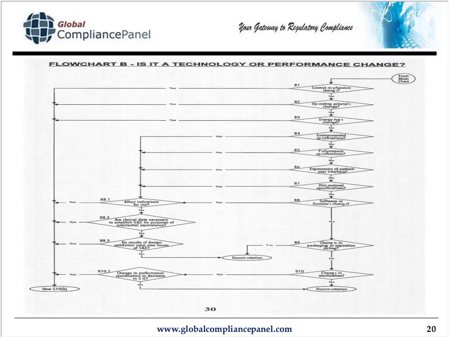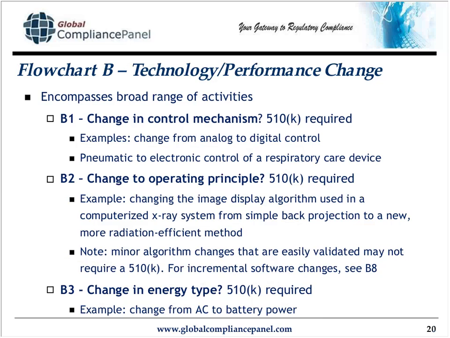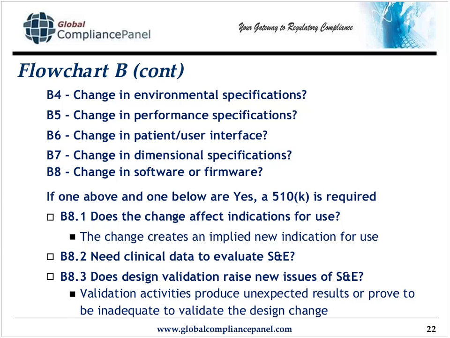And if it does, I need to submit a new 510K. But if it's not, 8.3 no, I can go to documentation. In the design validation, what you want to make sure of is that the validation activities pass. When you pass your design validation, I'm being very colloquial, of course, you are by definition not raising any new issues of safety or efficacy.